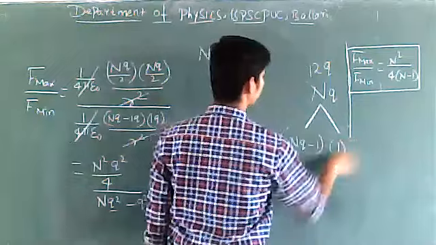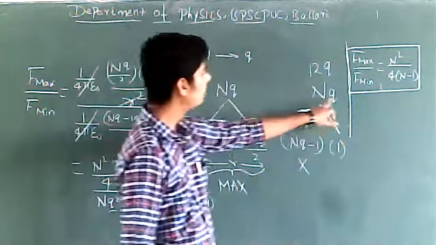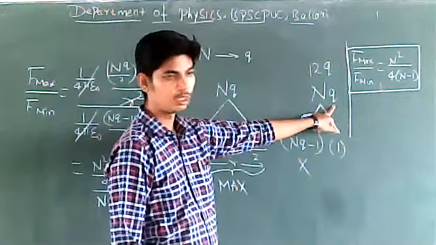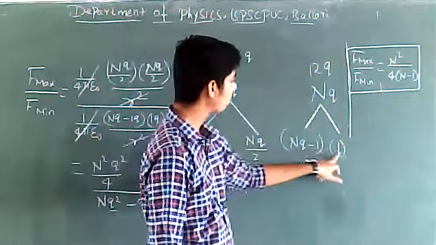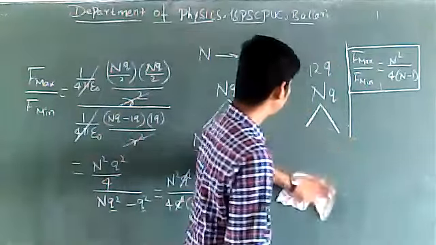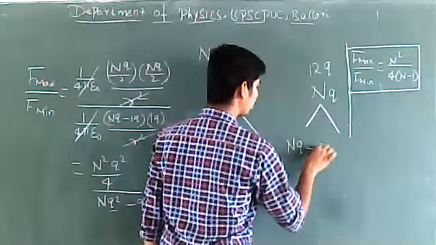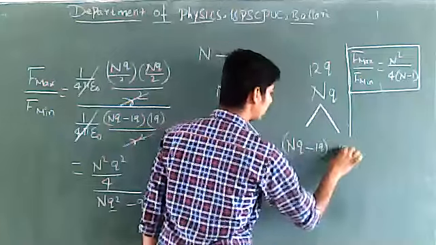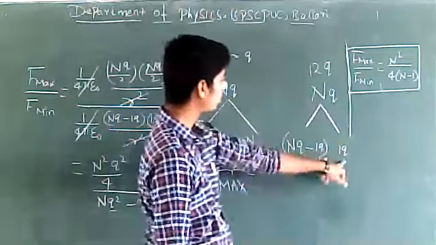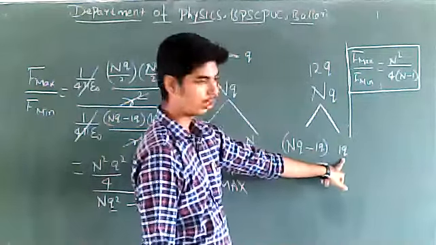This will be wrong. The entire charge is nq. This will not be true. Instead, the charge division must be nq minus 1q and 1q. The net charge, nq minus 1q plus 1q, will be nq.